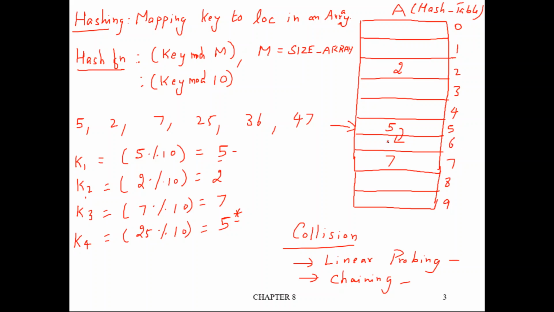Yes, it is empty. So use that location, which means that key 4, that is 25, will be stored here. If it is not empty, you have to go to the next, and the next. If this is also not empty, then go to the top. So how will it be done?